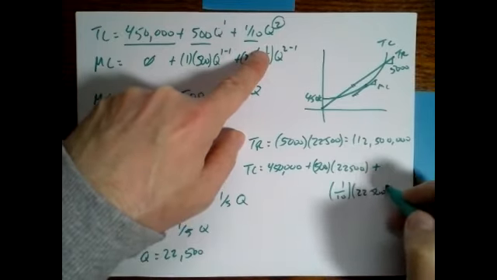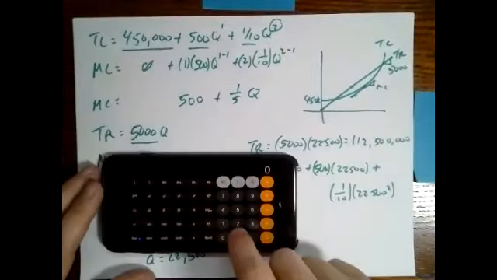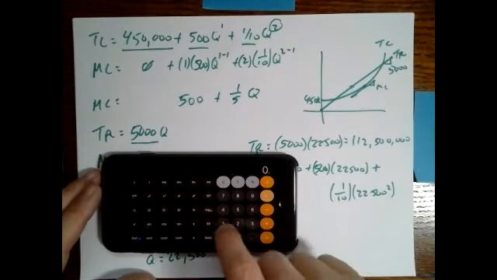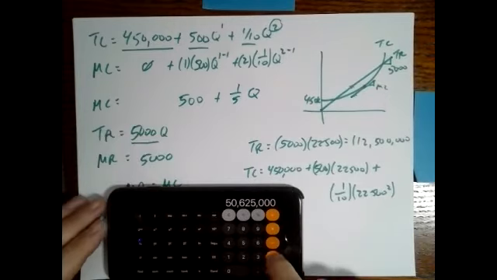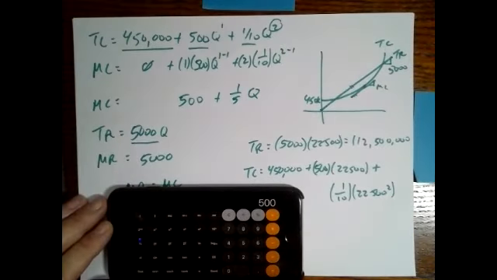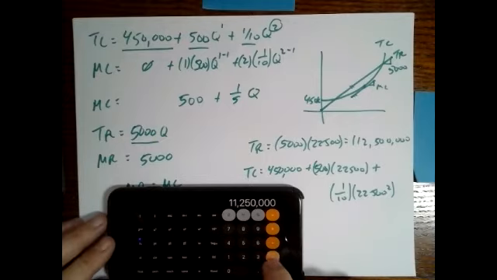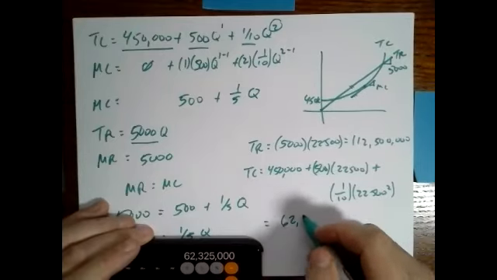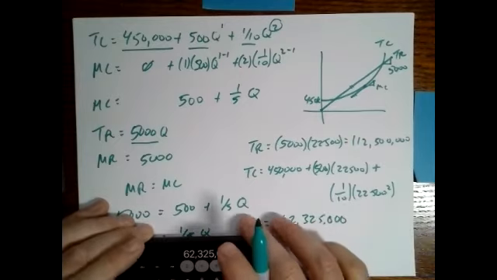So 22,500 squared times 0.10 is 50 million, plus 500 times 22,500, plus 450,000 gives us 62,325,000. So total cost is 62,325,000.